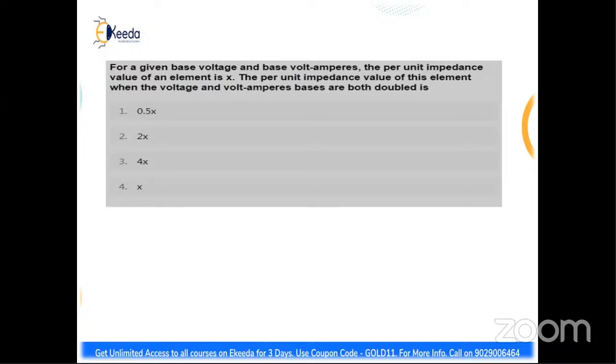Okay, so calculation. First, let us write down the given data. It's given that ZPU old is X, for the given base voltage and base volt ampere.